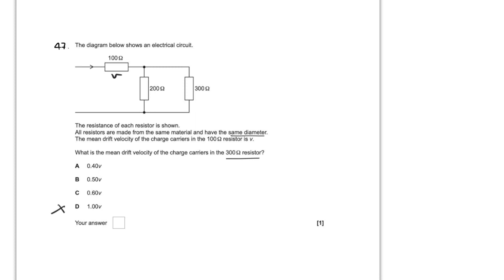So that's out. Now, for the rest of them, we just have to think a little in terms of ratios rather than too many calculations. We have a parallel connection here, so the resistance is split in a 2 to 3 ratio.